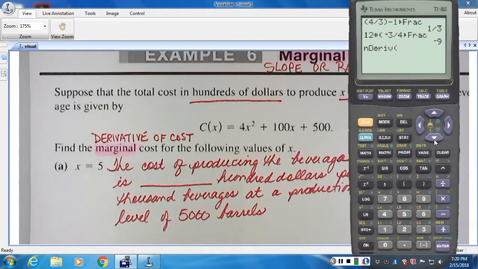For those of us that have the 83 or the 83 plus, we're going to enter the function first, which is 4x squared plus 100x plus 500. And then we're going to put in a comma. Now, the 84s don't need that comma.